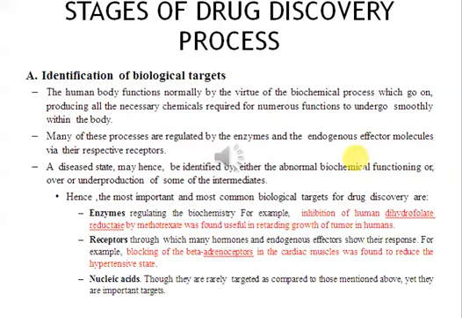The problem may be occurring with the enzymes, which are the mediators of these biochemical processes, and the problem may be occurring with the receptors, which involve the endogenous factors, or the problem may be with the nucleic acids, right? So firstly we have the enzymes, right? So there are three possible targets when we have to identify.